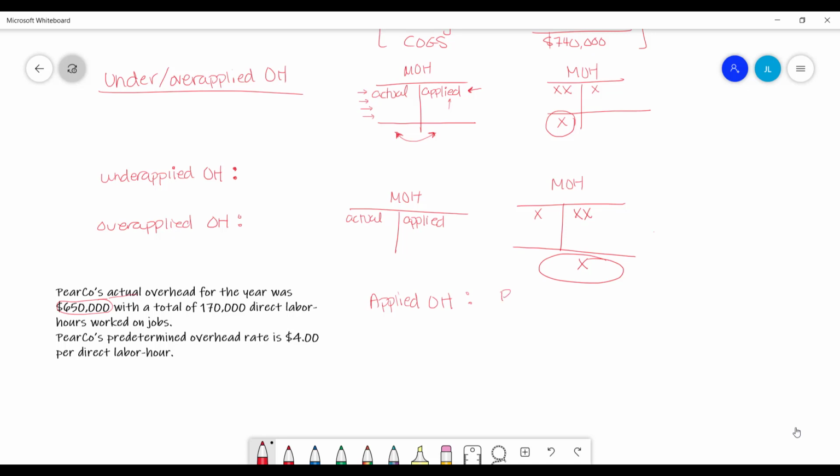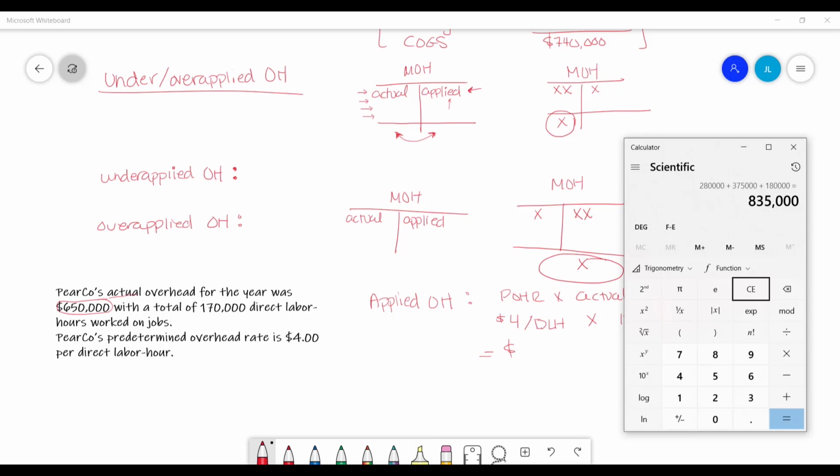Remember, to apply overhead, you multiply the POR by the actual amount of the allocation base or activity. Here they give us the POR, we didn't have to solve for that. For them, it's $4 per direct labor hour. And how many hours did they actually work on the jobs? They said 170,000 direct labor hours.